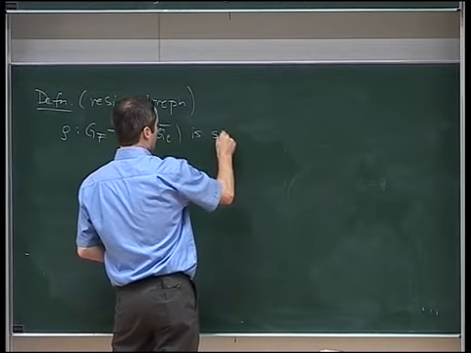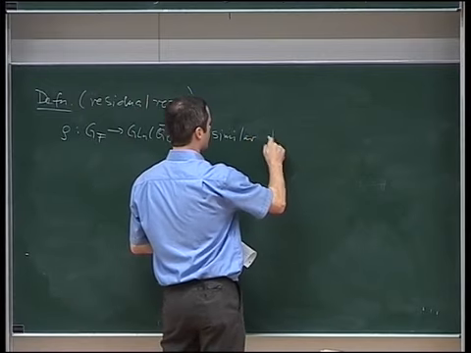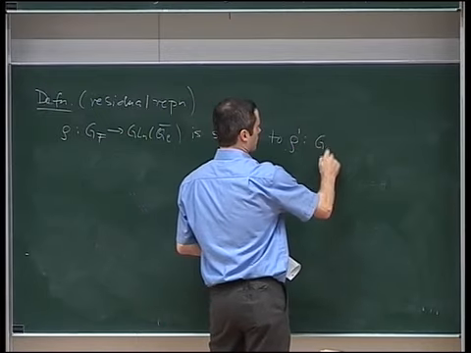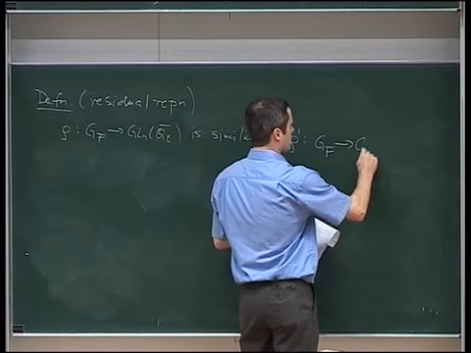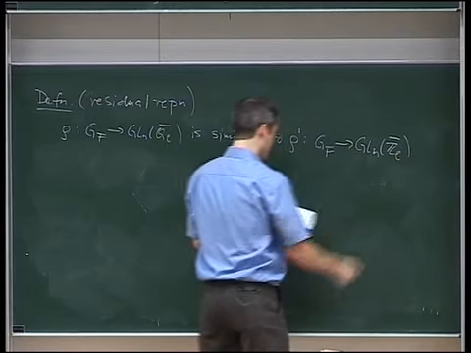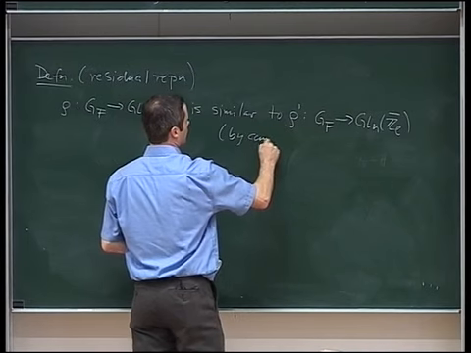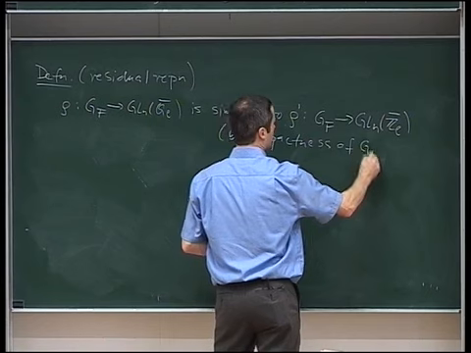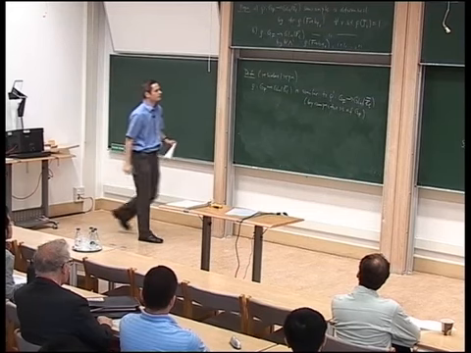This is not unique in any way, but we can choose such a lattice. So we then have that our representation is similar to a representation taking values in GL_n(Z_L bar). So this is by the compactness and the category here.